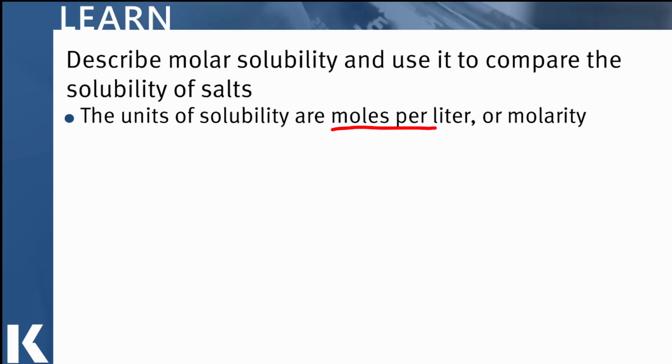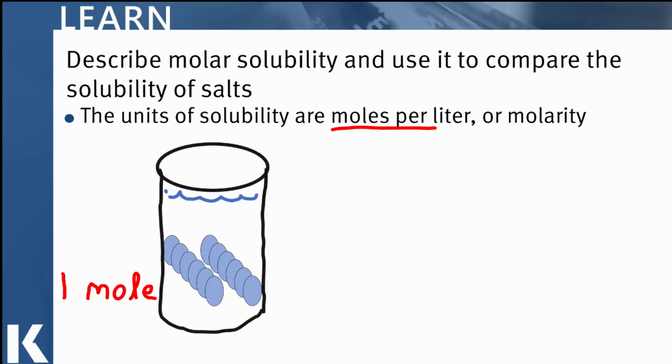Then to apply it to molar solubility, let's go back to our two substances. Let's start with the one that dissolves very well. Let's imagine that we have a mole of this substance. And yes, this looks like a dozen eggs, meaning to apply that analogy of a quantity of a dozen or a mole. So let's say we put that mole, again, into a liter of water, go away for a while, and we come back and almost all of it has dissolved.